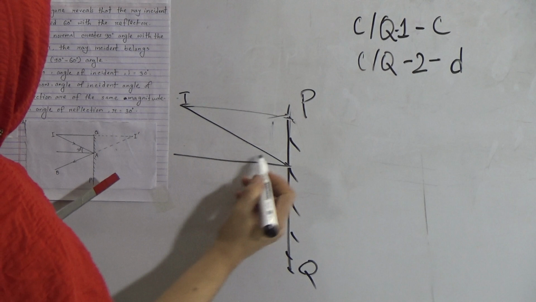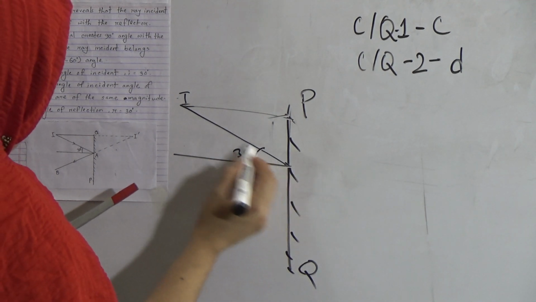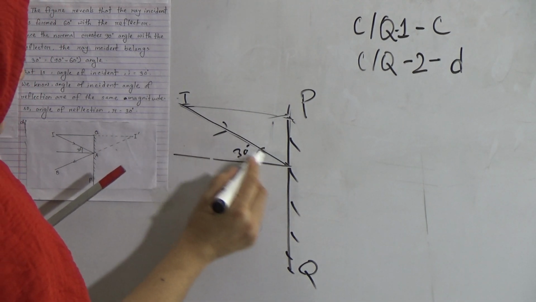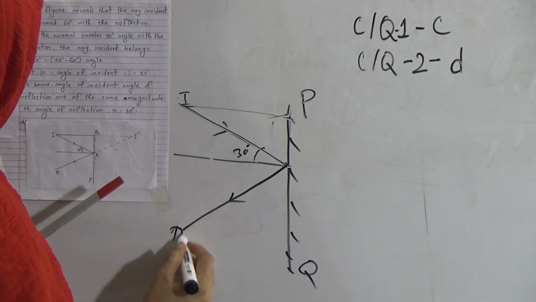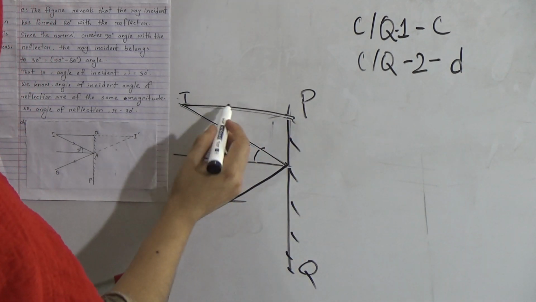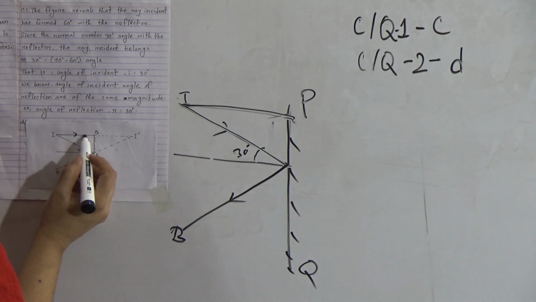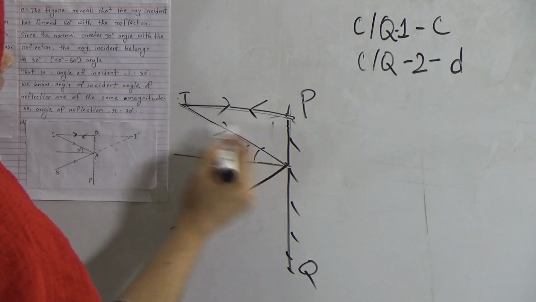Suppose this is the normal, and that one is 30 degree. So this is the incident ray, and after reflection it will go along this path B. And if another light comes from the point I, after reflection it will go along the same path.